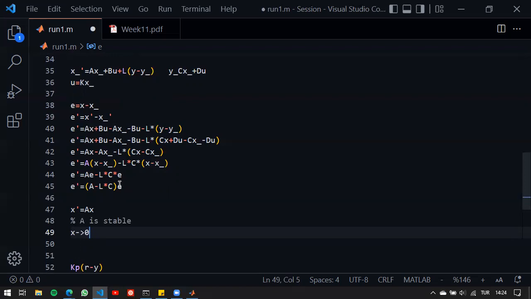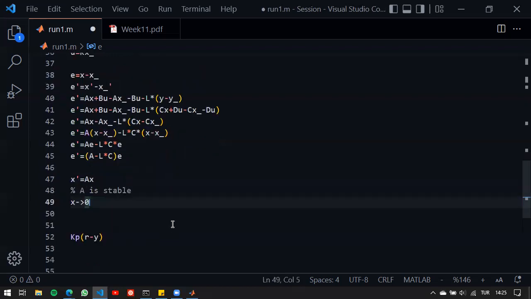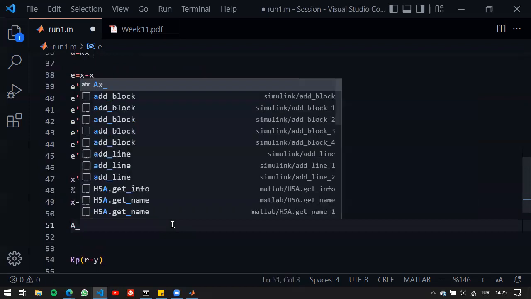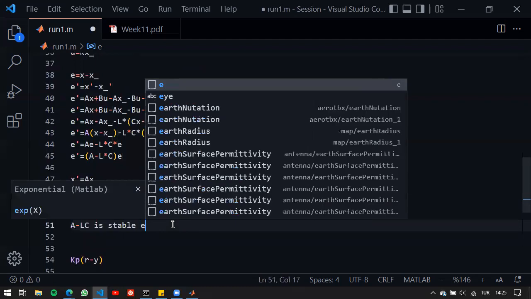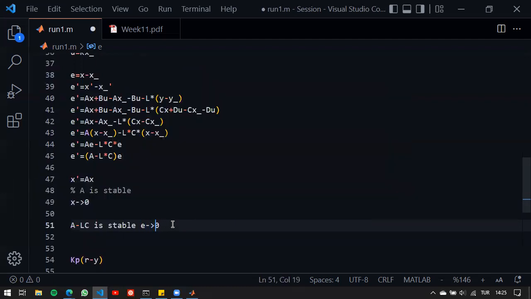Therefore, if A minus LC is stable, E will tend to 0. Just from this fact. Therefore, designing L such that A minus LC is stable will end up in E tending to 0 as time progresses, limit t to infinity. E will go to 0. Therefore, this difference will tend to 0.